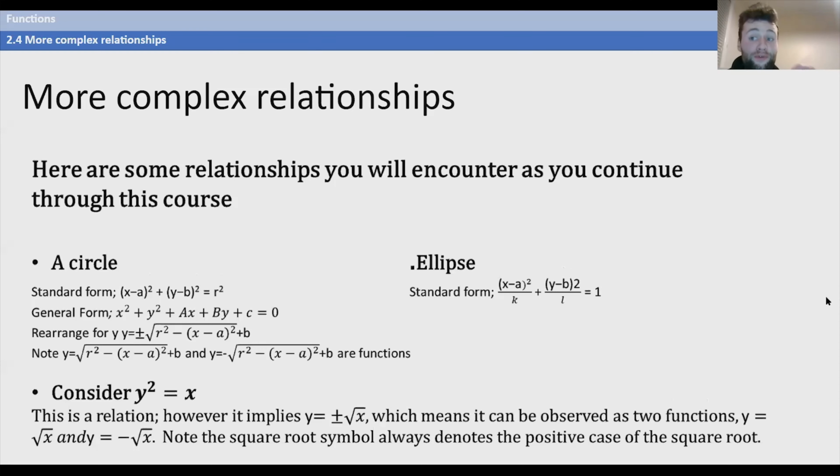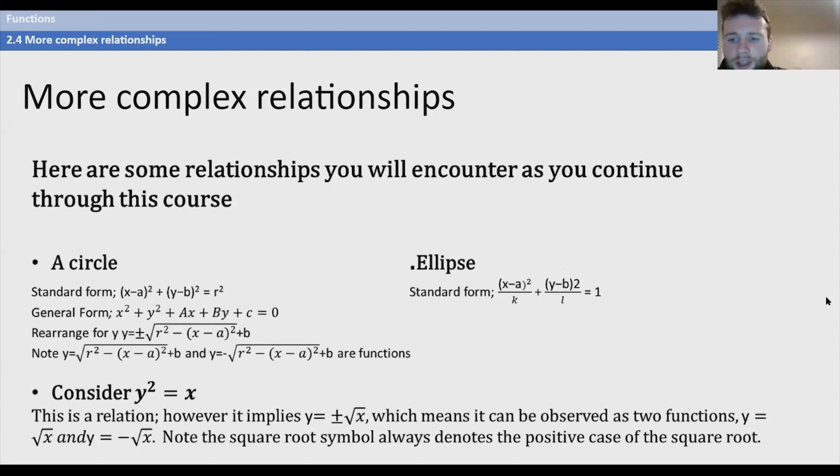And we really do have to observe this very interesting complex relationship, y squared equals x. So y equals x squared is a function, but this y squared equals x is a relation. It's going to be a graph that looks like this, and it will fail the vertical line test.